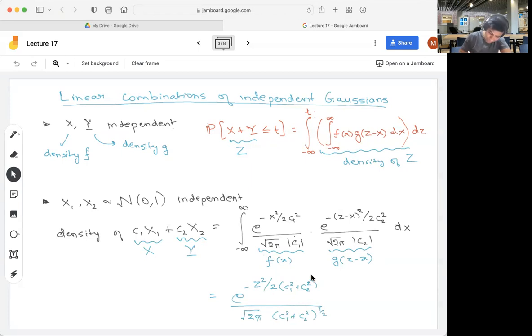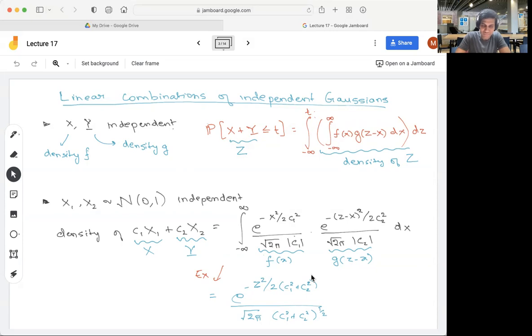And this I'll ask you to do as an exercise. It's again completing the square in the exponent, and then using the fact that we know how to calculate the integral of e to the minus x square divided by 2, or some scaling of x, by a little bit of change of variable. It's the same integral that we computed last time. E to the minus x square over 2 integrates to square root of 2 pi, and you can compute integrals of appropriately scaled versions by change of variable.